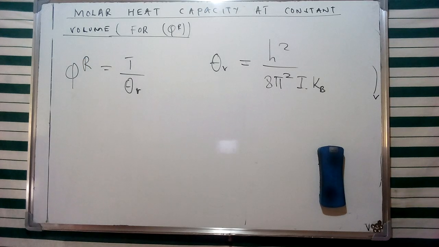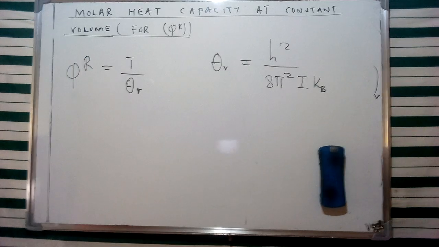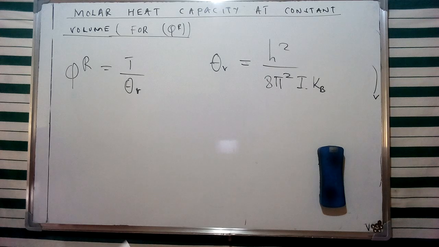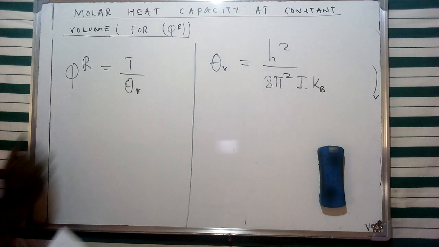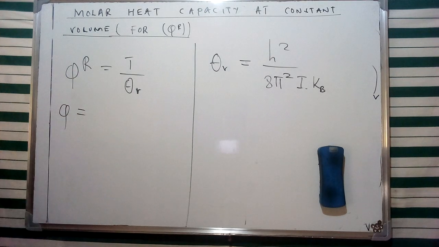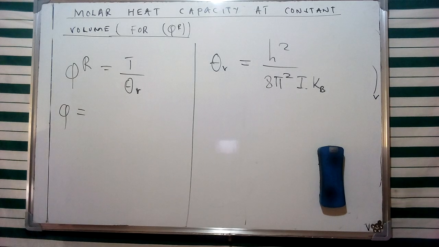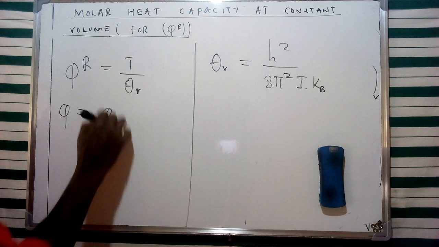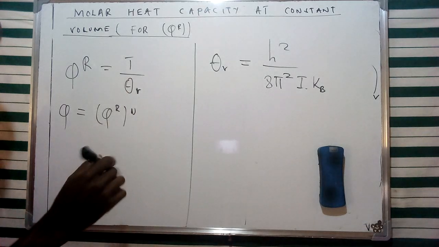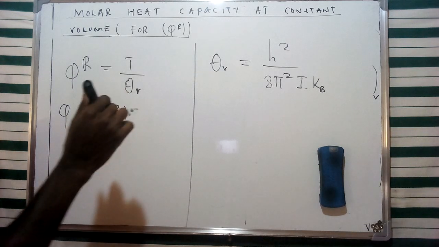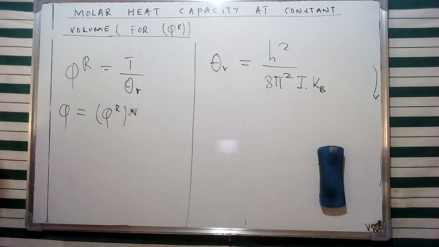Now, there's a relationship which I had given in my previous discussion, representing the partition function for a system of n independent molecules at a particular temperature. This was in the form of an equation given in terms of Q, whereby we said that for a system of n independent molecules at large temperatures, we're going to consider the equation of the form q_R, which is the rotational partition function, but also taking into consideration the number of independent molecules, n.